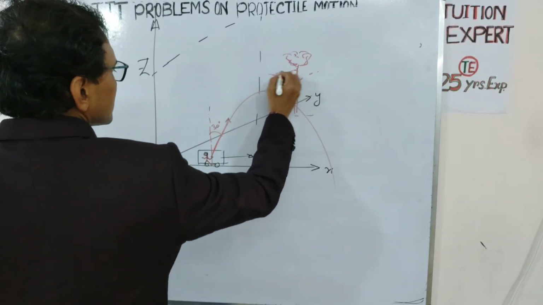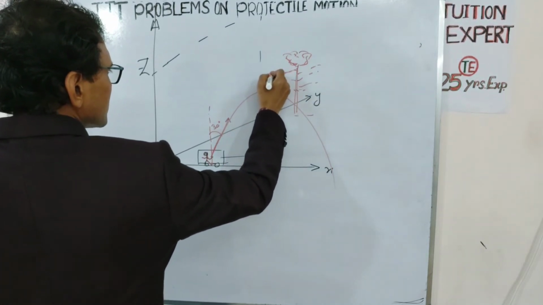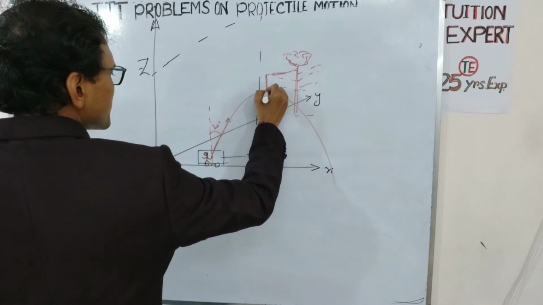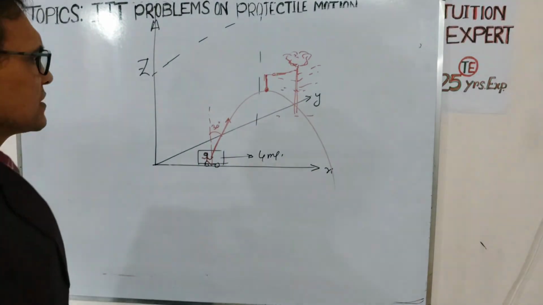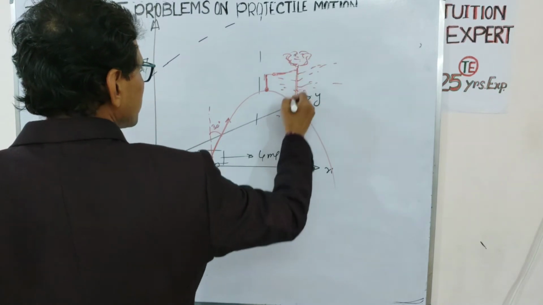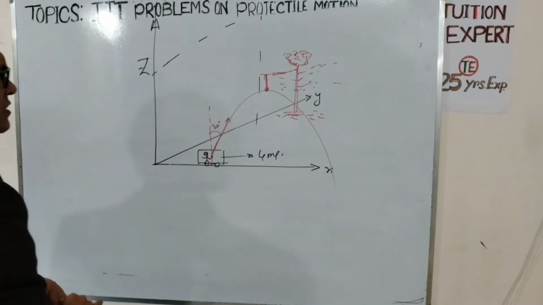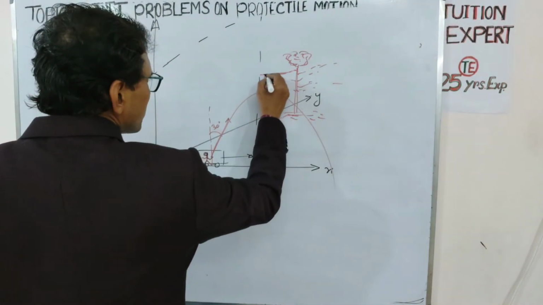Suppose from a branch of the tree, a stone is hanging by means of a string. So this is the branch of the tree, and the stone is hanging by means of a string.